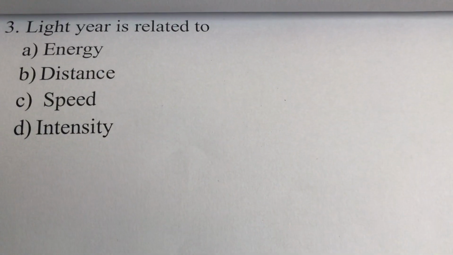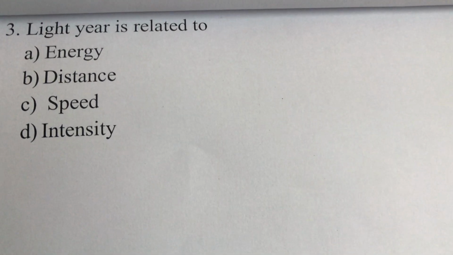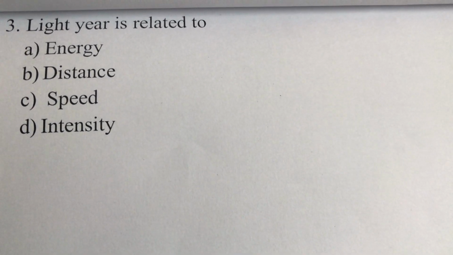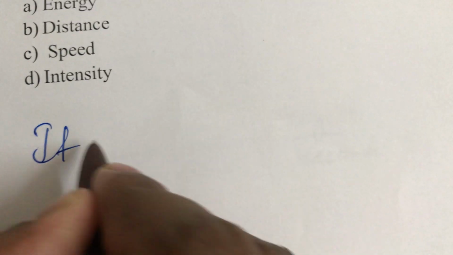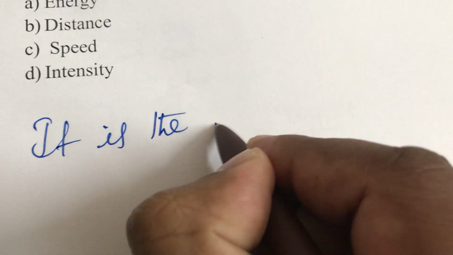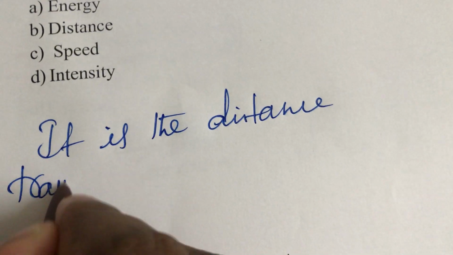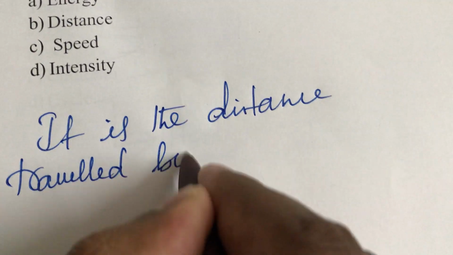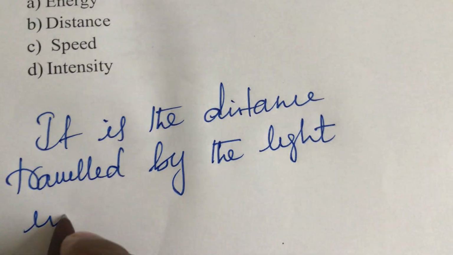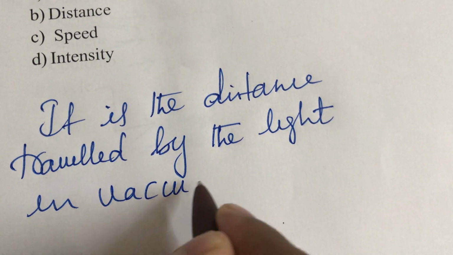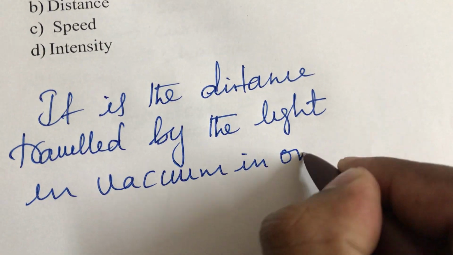The light year is related to option A energy, option B distance, option C speed, and option D intensity. What is a light year? It is the distance traveled by light in vacuum in 1 year.